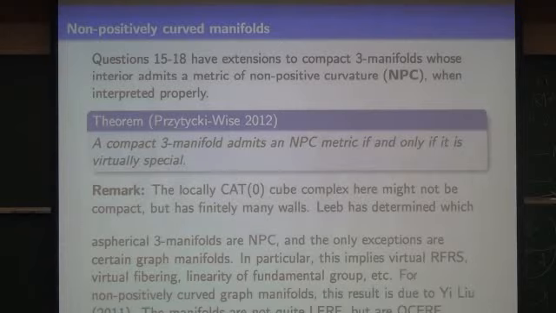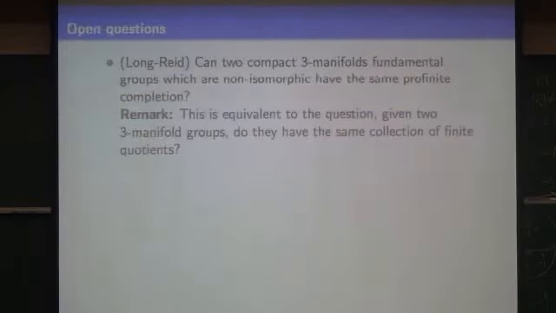And for non-positively curved graph manifolds, this result is due to Yi Liu, 2011. The manifolds are not necessarily LERF, but they are sort of QCERF. You have to look at the right set of subgroups to be quasi-convex inside of the right-angled Artin group that everything injects into.